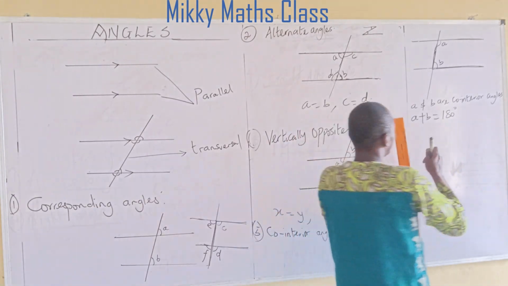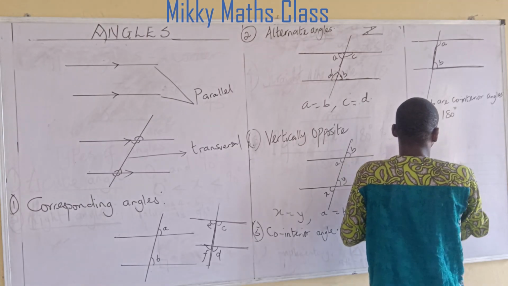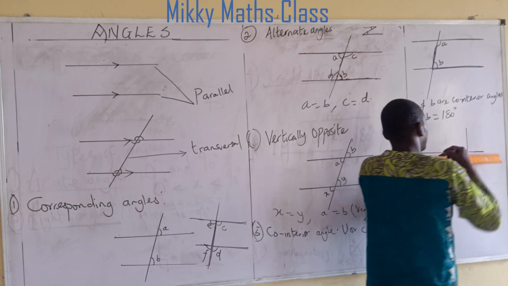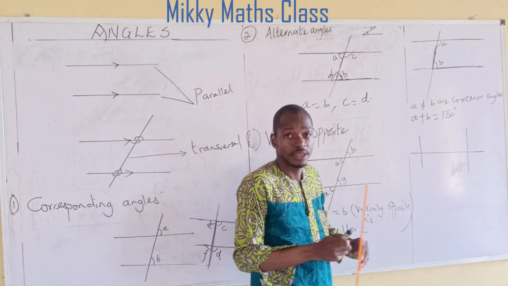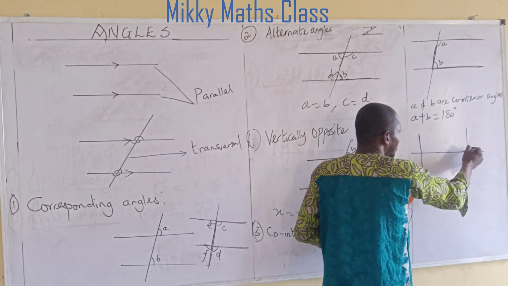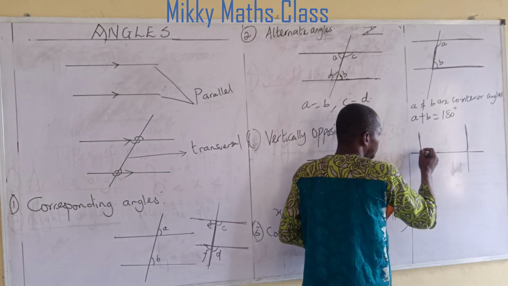Also, you can have a scenario where the parallel lines are like this, and the transversal cuts across like this. You can have what we call the U angle. The U, we can form the U from here.